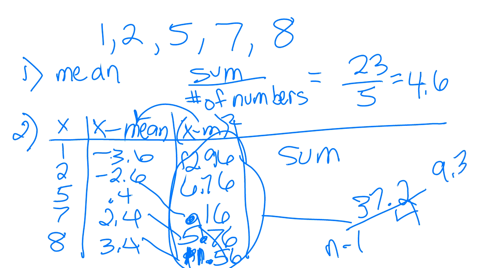So step 3 is the sum, step 4 is divide by n minus 1, which is 9.3, and step 5 is to take the square root. And I get 3.05.